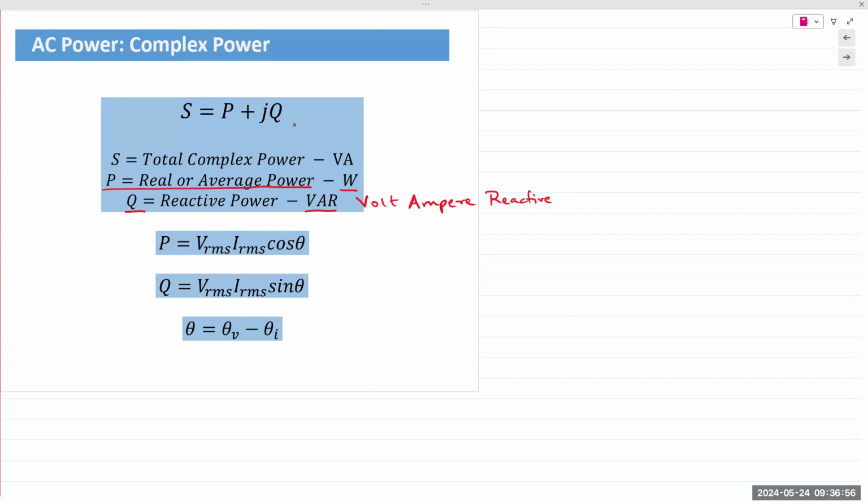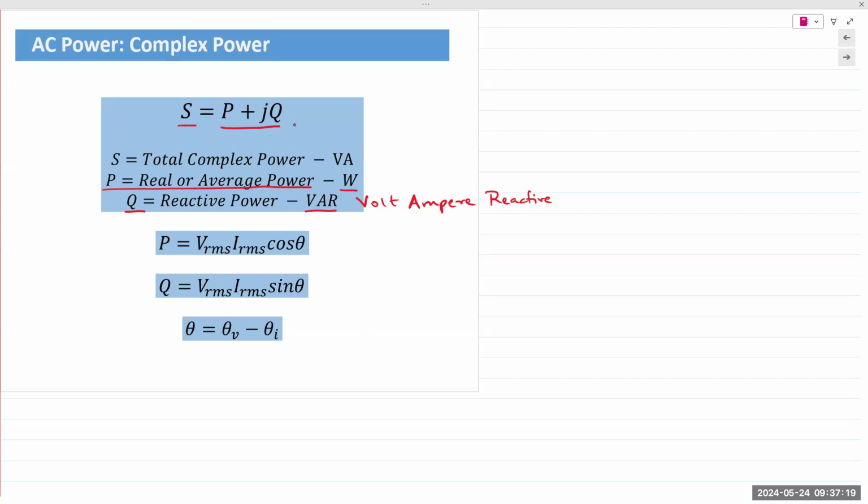Okay, everything is still present as usual. And then, as I said, since we use the imaginary number to represent the reactive power Q, we add it all up together. So P plus Q, and Q is represented with the imaginary number J.